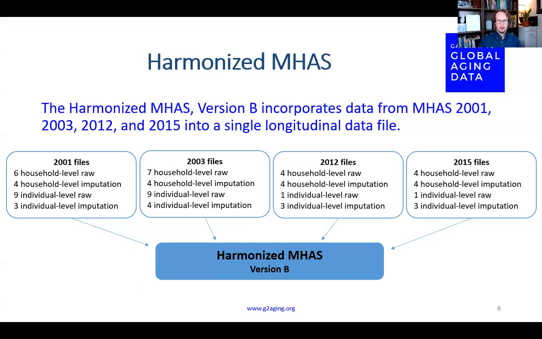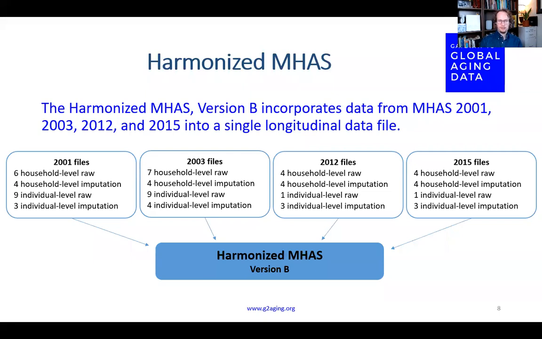For the harmonized MHAS, currently we have version B available. That was released last month, and it incorporates data from MHAS waves 1 through 4. We're in the process now of adding wave 5, but that data was just made available maybe 2 months ago, so we're working with the MHAS team on adding that data.